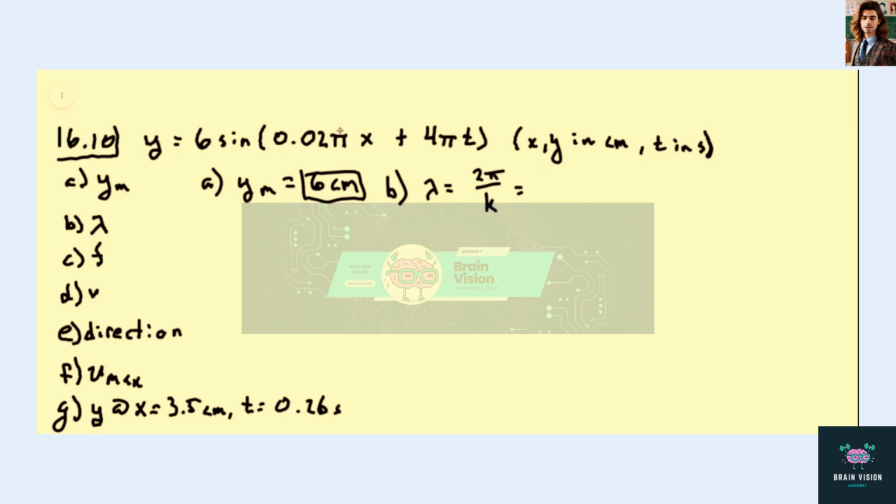The angular wave number here is 0.02 times pi. So just putting that in, we get that the wavelength is 100 centimeters.